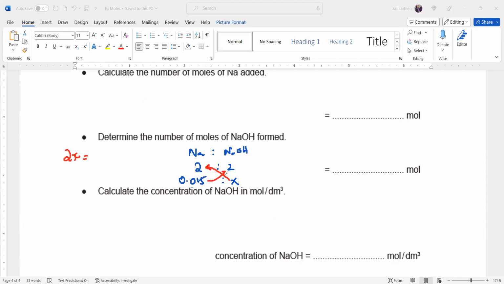And this 2 is multiplied with 0.015. So 2 into 0.015 is 0.03. But this 2 is multiplied, so the other side will be divided. So 0.03 divided by 2 will give the same answer, 0.015. So it won't make a difference. When the ratio is the same, whatever moles you put here, you will get the same answer. If the ratio is 1:1, 2:2, 3:3, they all mean that the ratio is the same.